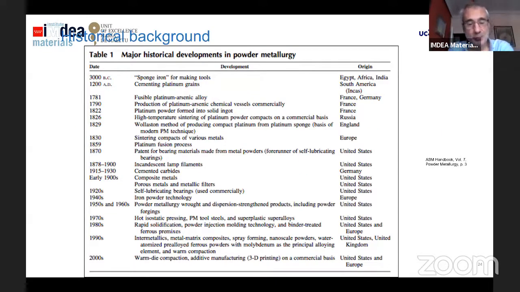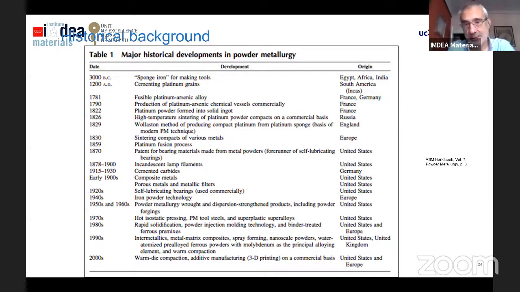If we have to see where powder metallurgy starts in the history of the human being, maybe we can say that the first time that metal powders were used to develop tools or jewelry was in ancient Egypt, in Africa, where they used some kind of sponge iron to produce some tools.